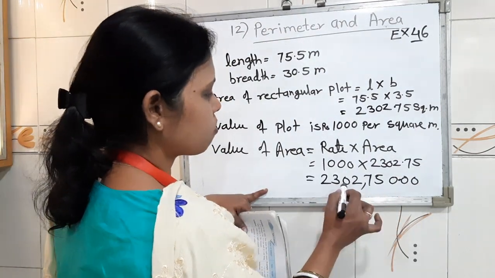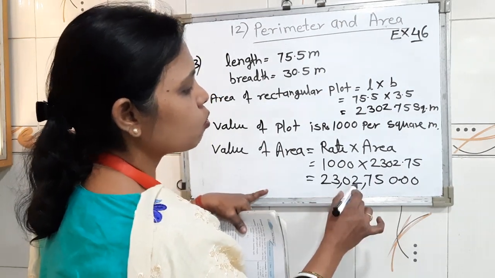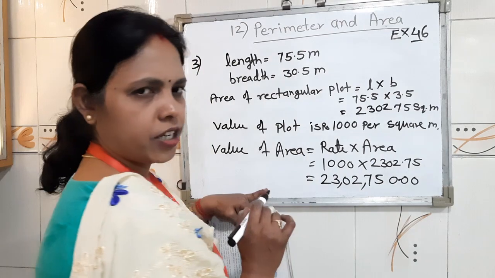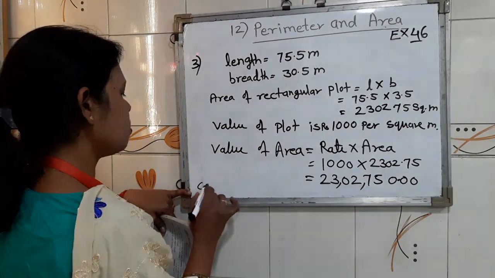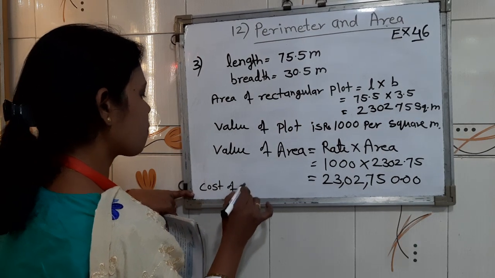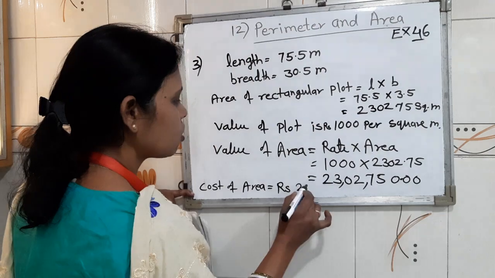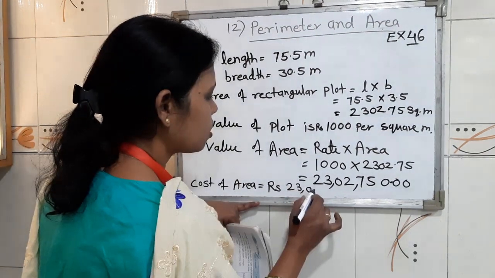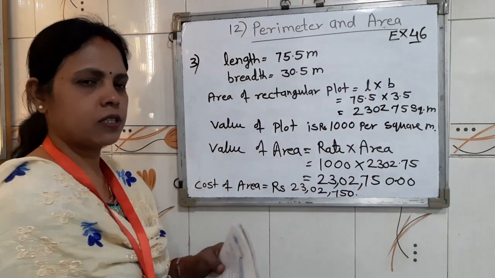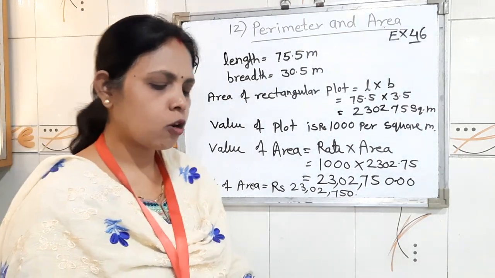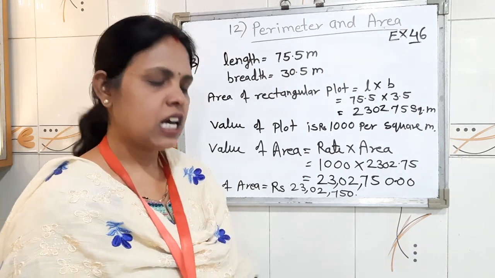Put the commas: 23,02,750. So children, write down cost of area equal to rupees 23,02,750. I hope you all understood question number 3.